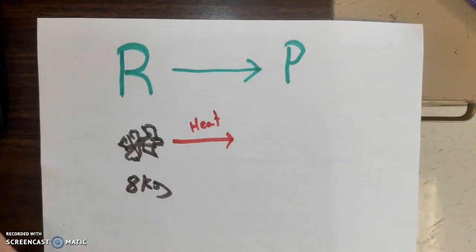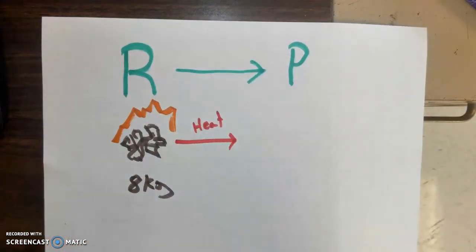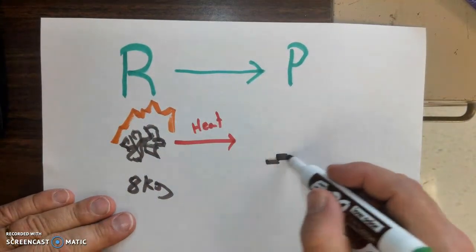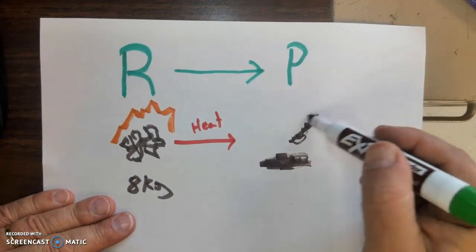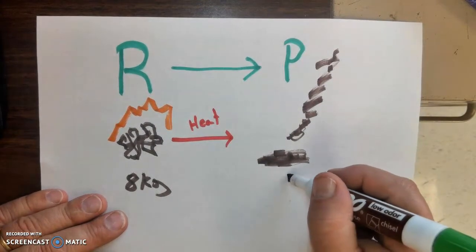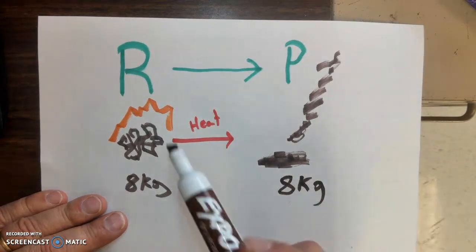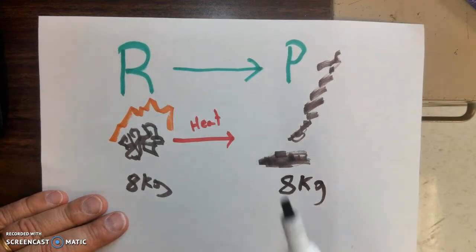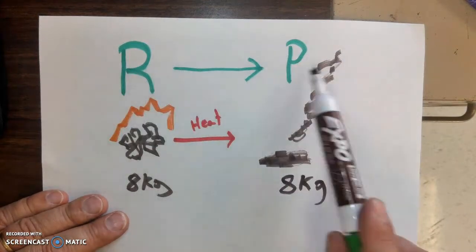When we're done, after all is said and done, and that fire has finished burning, we can go gather all the soot and the ash and then all the smoke. If we were able to capture it before it went up into the atmosphere, it should have an exact mass of 8 kilograms. Okay? The law of conservation of mass means that mass cannot be created or destroyed. So you're not going to gain mass, you're not going to lose mass through a chemical reaction.